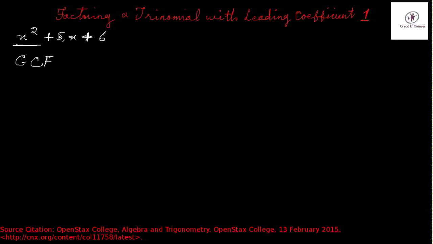So there is no common factor in any of these terms except for 1. If I were to use the GCF way, I would simply write this as 1 into x squared plus 5x plus 6, and I would still end up with the same polynomial I started with in the first place.